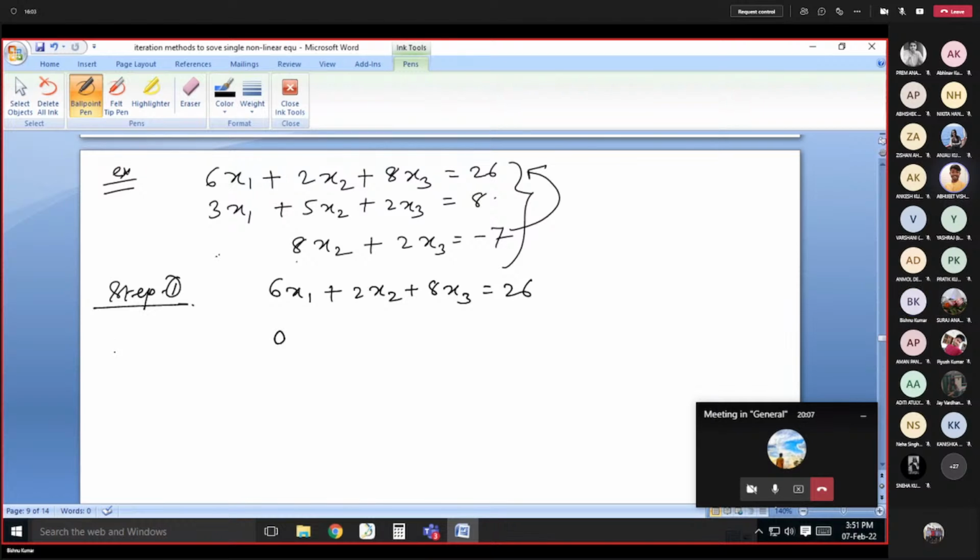So 2 times R1. No. You are building new R2 from old R2. For any row, you are building that row from the old row.